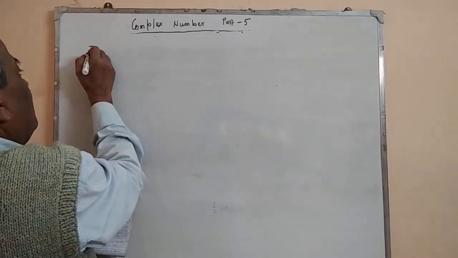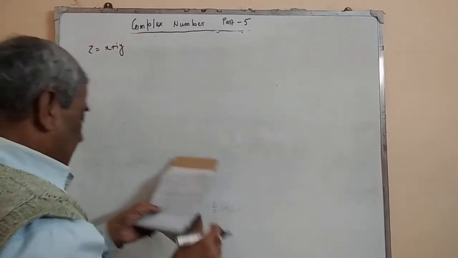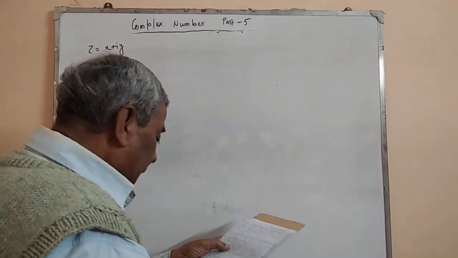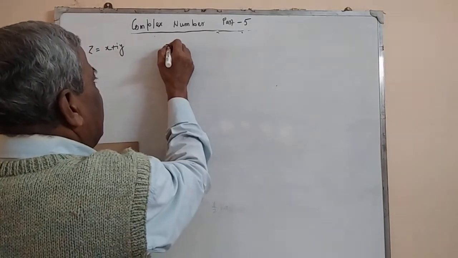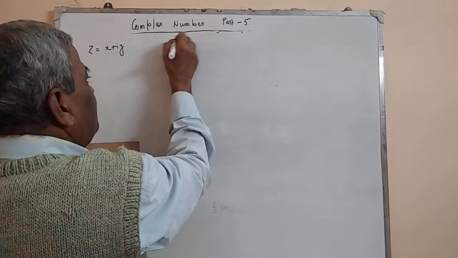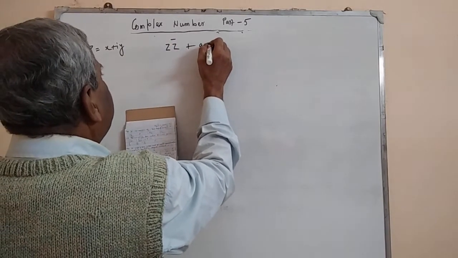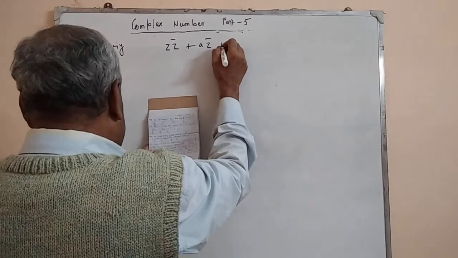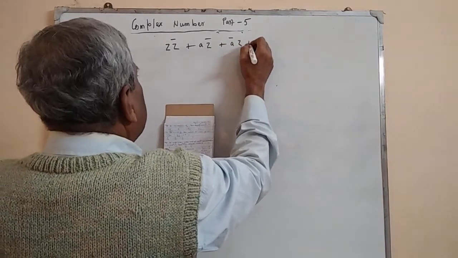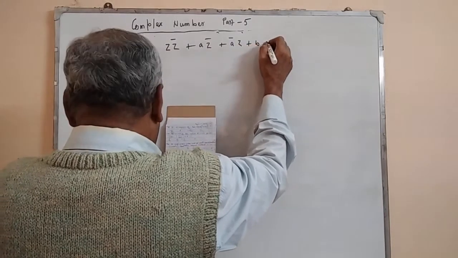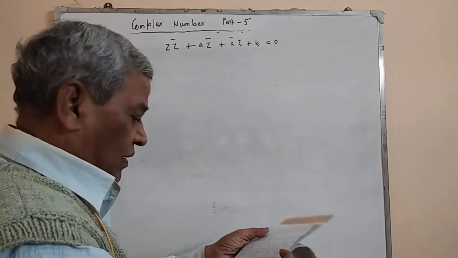z is x plus iy, and a is a complex number such that z bar plus a z bar plus a bar z plus b is equal to 0 represents a circle.